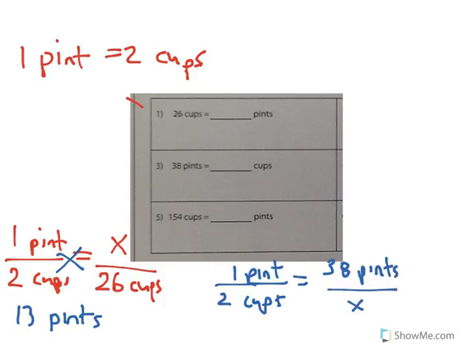We're looking for this value here. Once again, I multiply the two numbers, 38 times 2. I divide by the number here, 1, and what I end up with is 76 cups. Make sure to label your units as well.